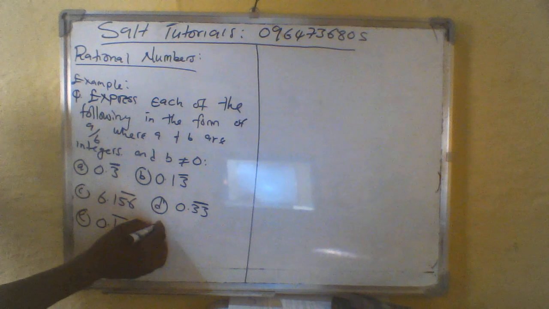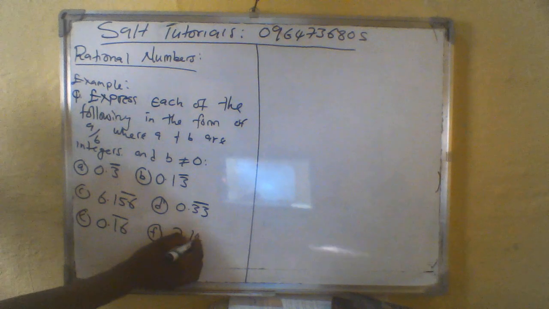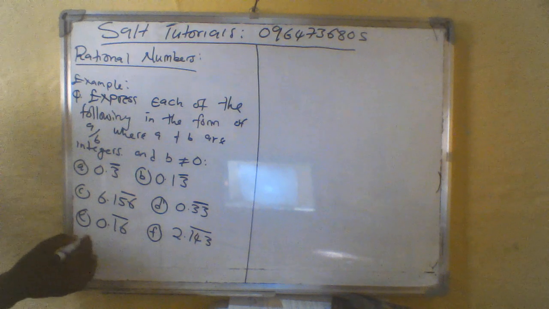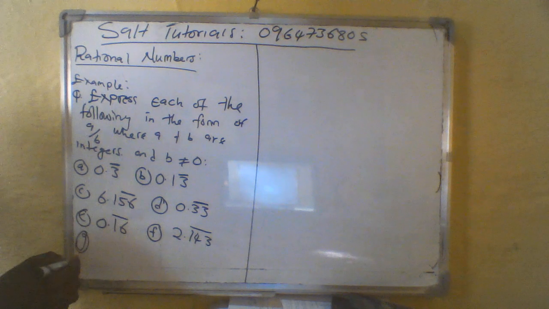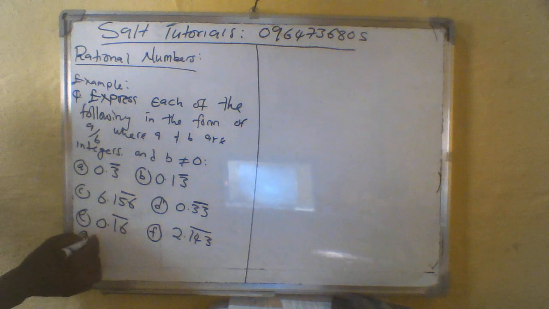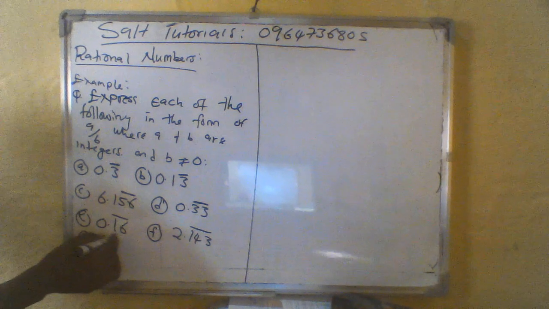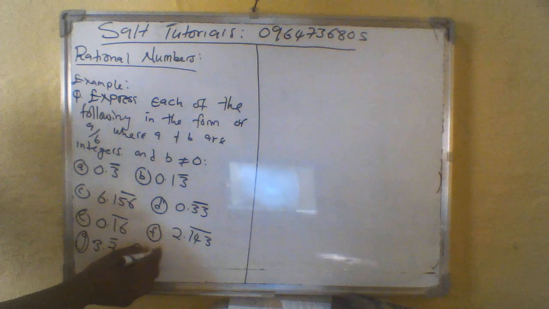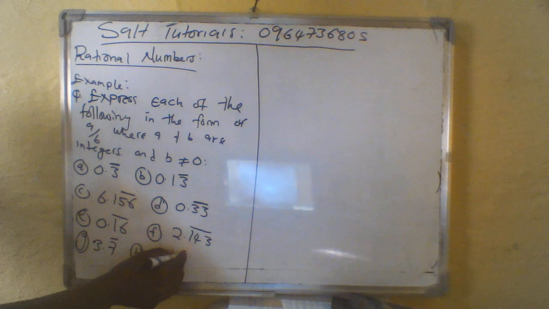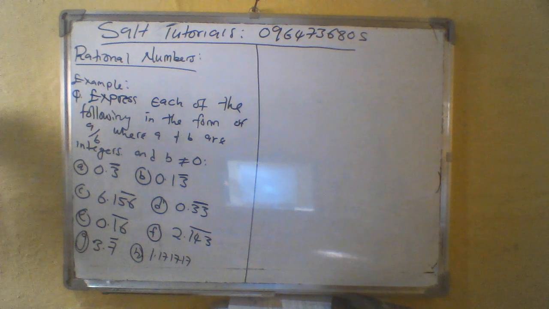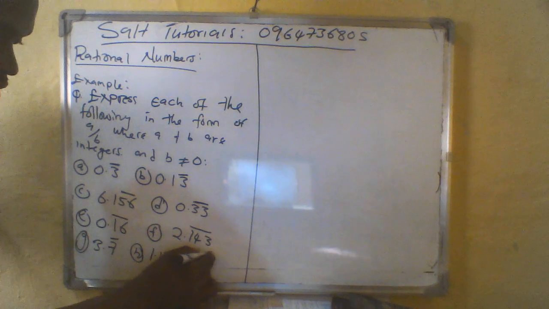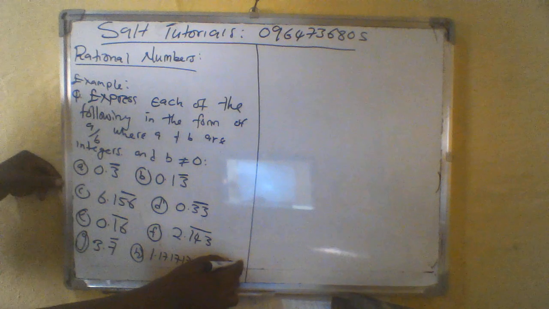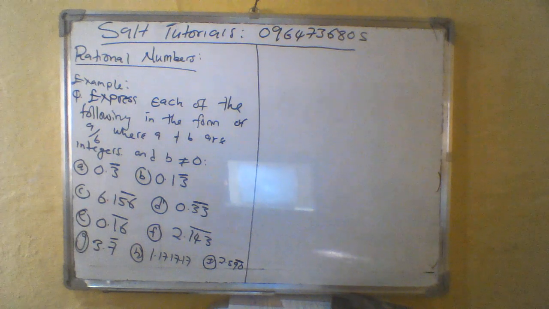F, this is 2.143 bar, and we have G. G is going to be 3.7 bar. Then we have H. H will express 1.171717 and so forth. And then we have I, which can be 2.590 bar.